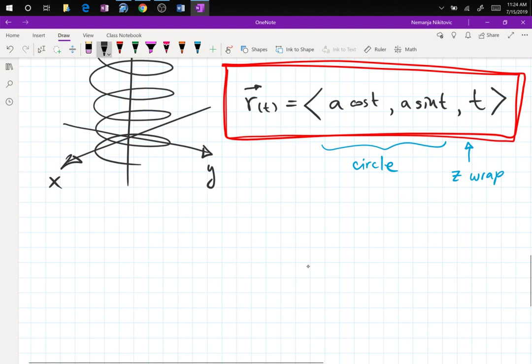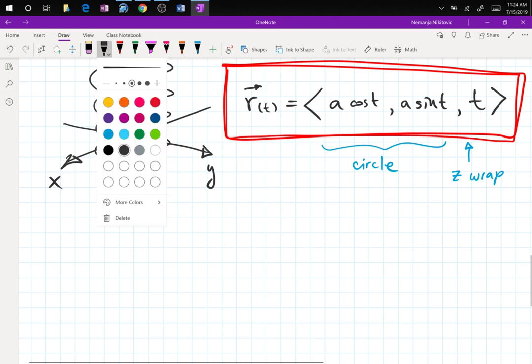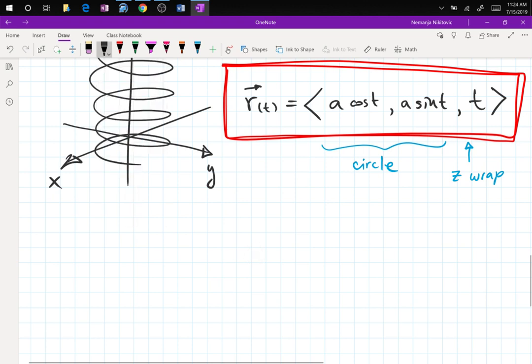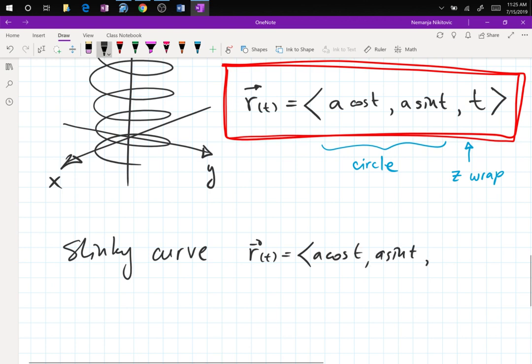All right. So, Slinky. Curve given by r equals A cosine t, A sine t, A sine t.